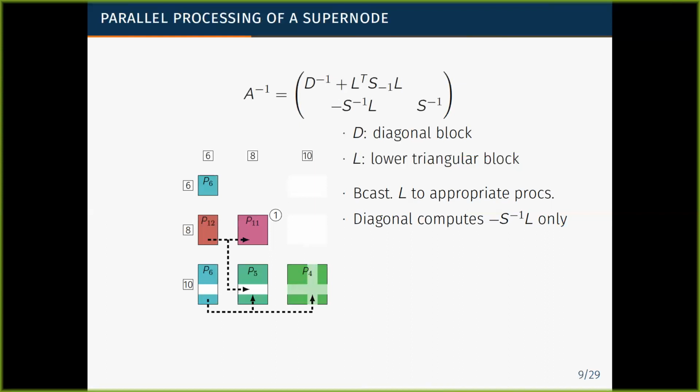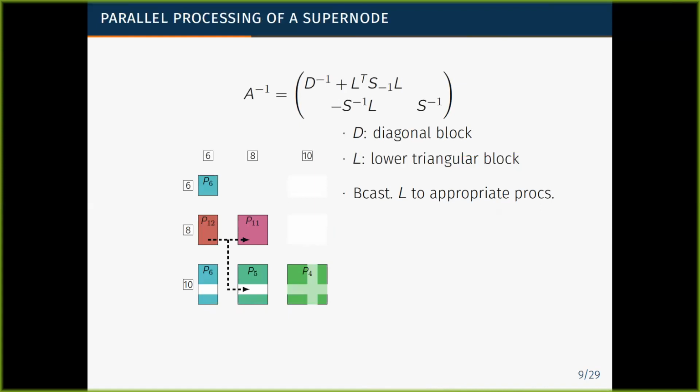The processors owning the diagonal blocks of S inverse, which in this case are P11 and P4, are computing only one contribution. What I'm trying to show is that, since all the communications are performed asynchronously, those contributions will be computed as soon as possible.